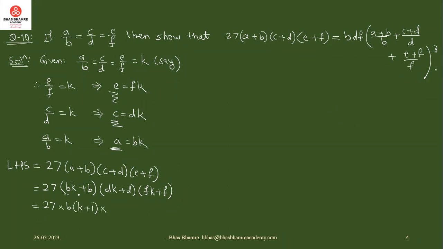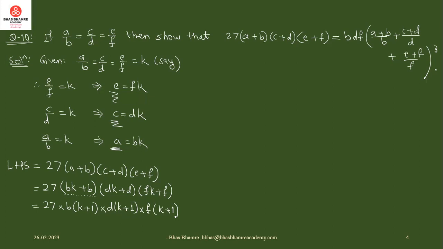I took B common from these all. We can take D common, so that bracket K plus 1, and F common, so there comes K plus 1.